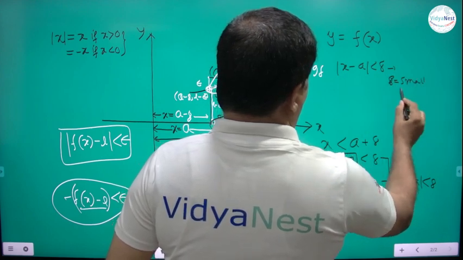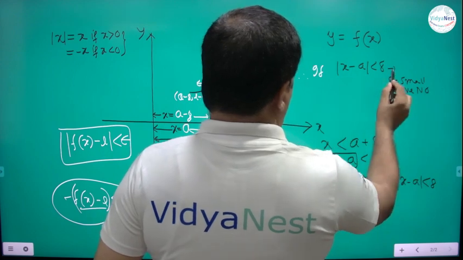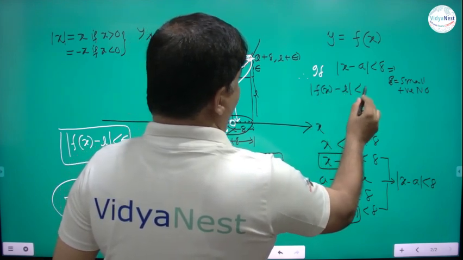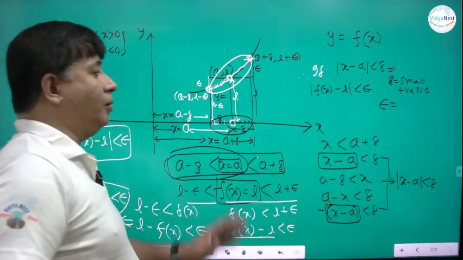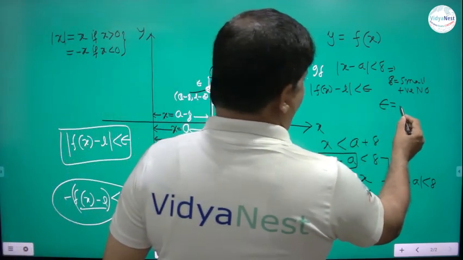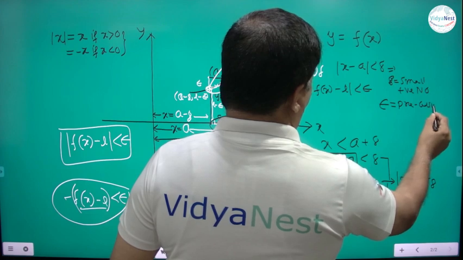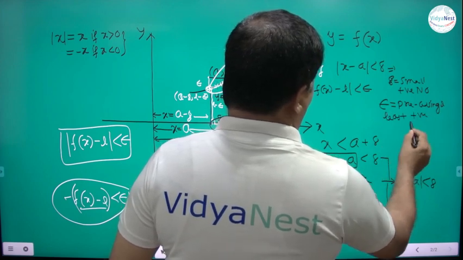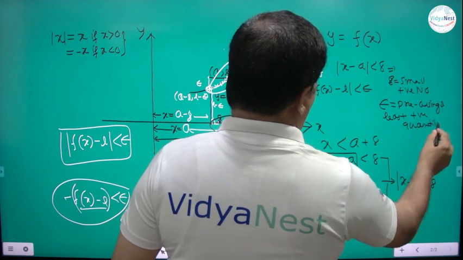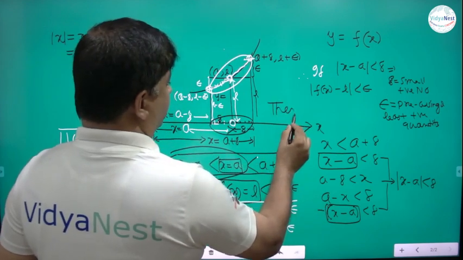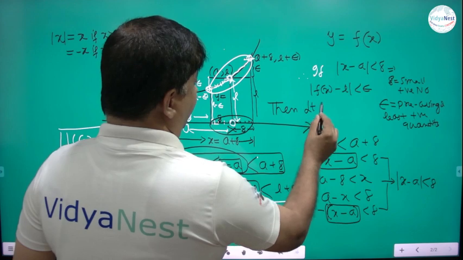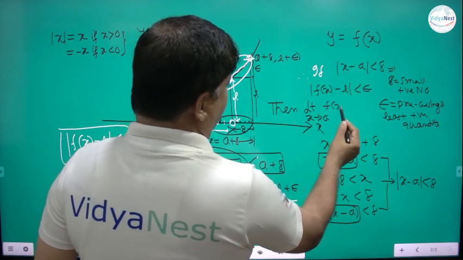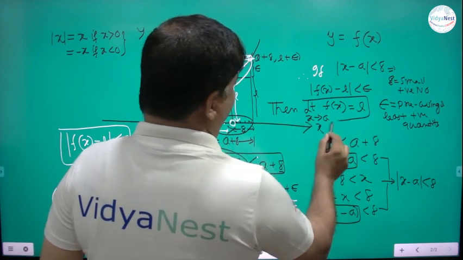If that implies |f(x) - L| is less than epsilon, where epsilon's definition we have already got pre-assigned, a least positive quantity, then the limit as x tends to a, as the difference between x and a is being reduced, f(x) will become L. That is the definition of the limit.